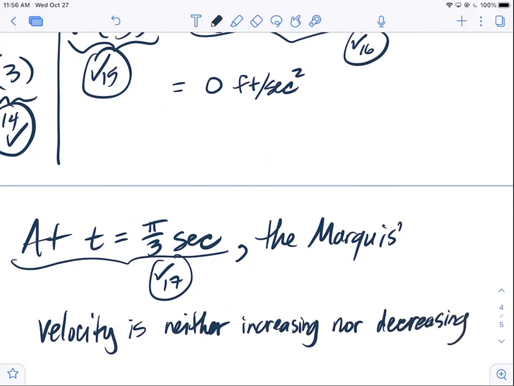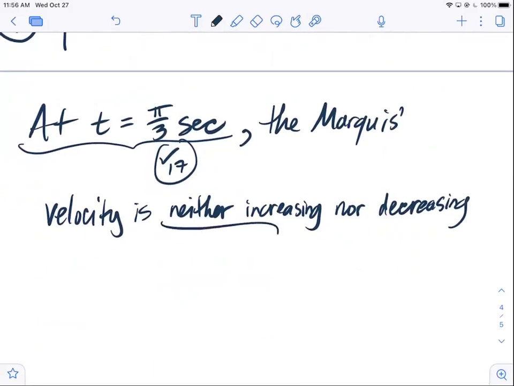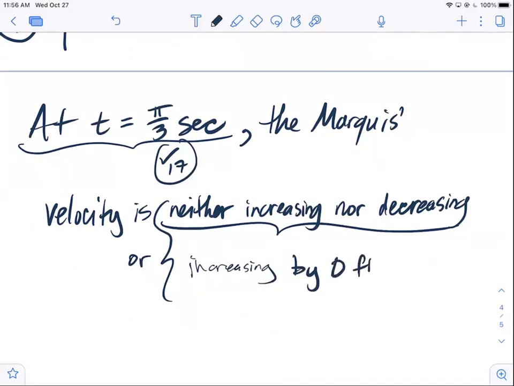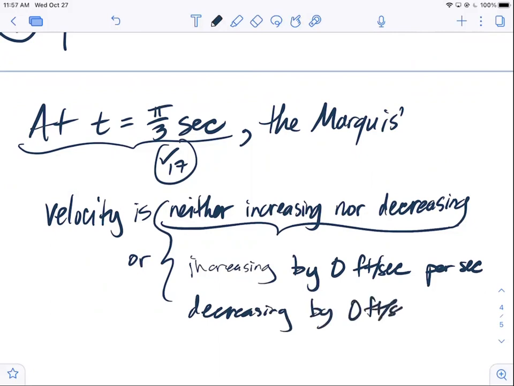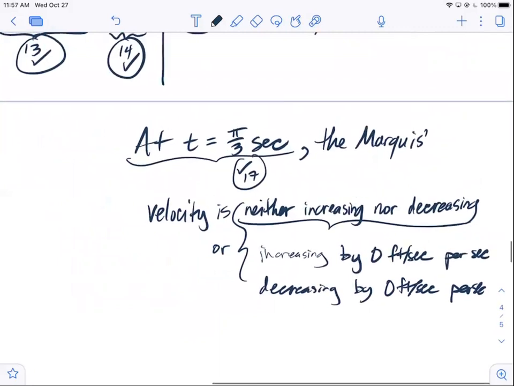Okay, and you could stop there, or you could say is increasing by 0 feet per second, or you could say decreasing by 0 feet per second. I'm not going to even give this a check because it was an unintended consequence.